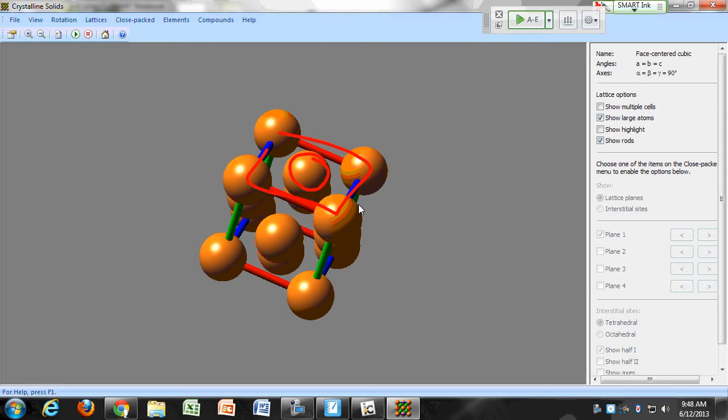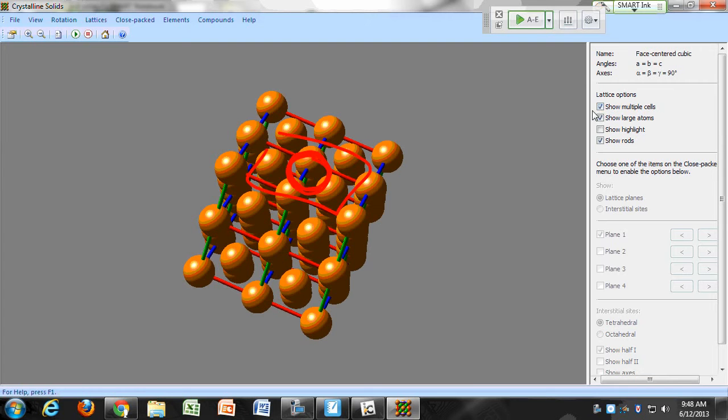So how many faces does a cube have? 6 faces. All right, so effectively, how many atoms belong to one cell if the structure is face-centered cubic? Each of these atoms in the center of a face belongs to how many cells? Let's show multiple cells here.